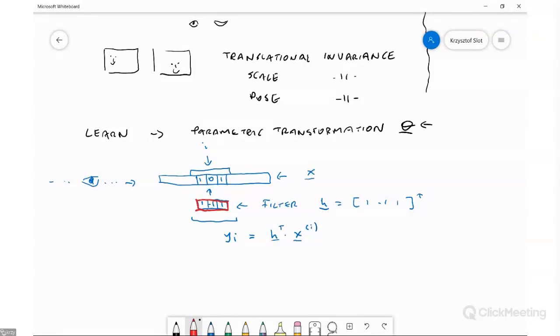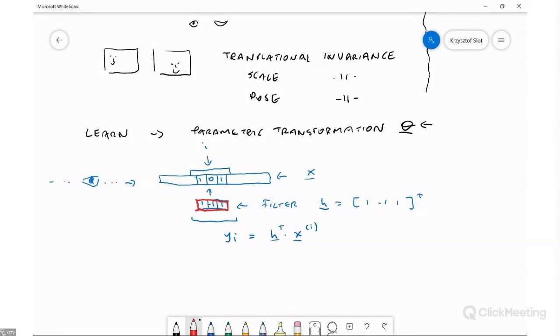So if I would like to make detections of some particular structure, I should provide a filter that is specifically derived to detect these structures. And for this particular structure, I can say, what is the right filter for doing this?